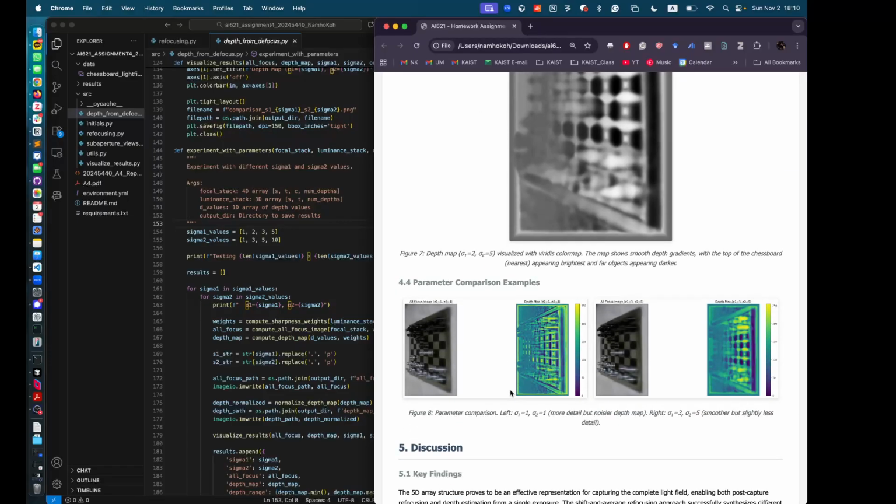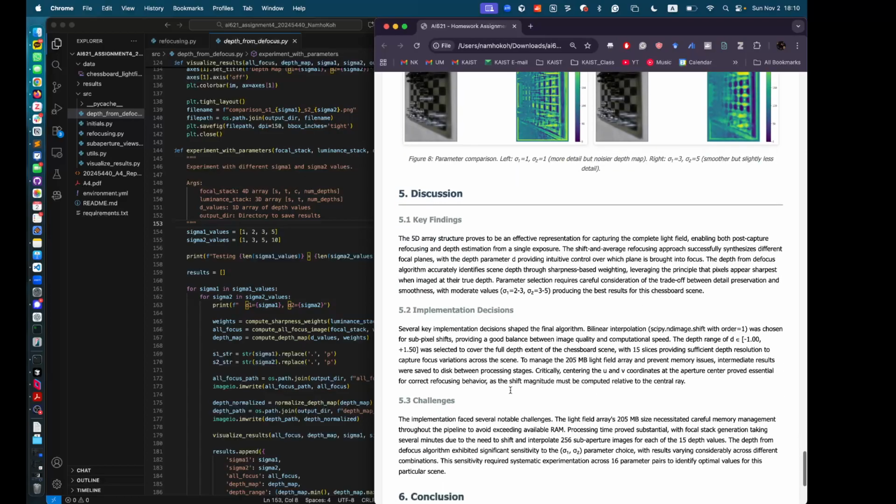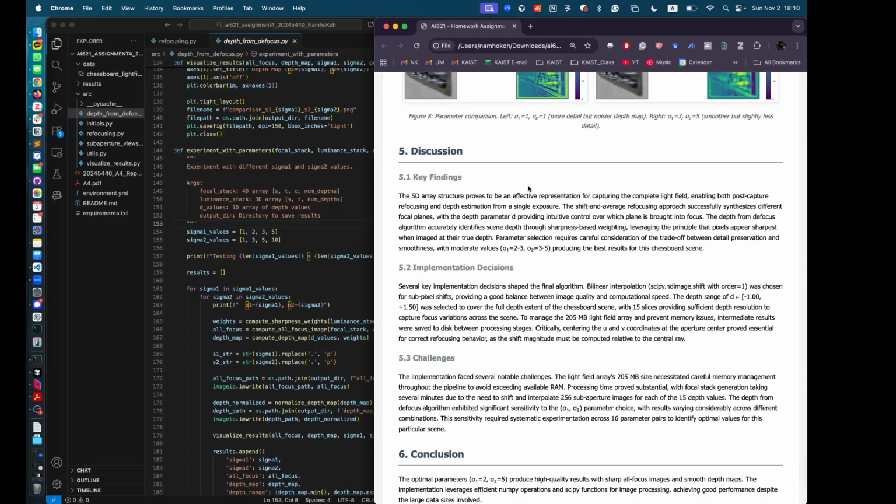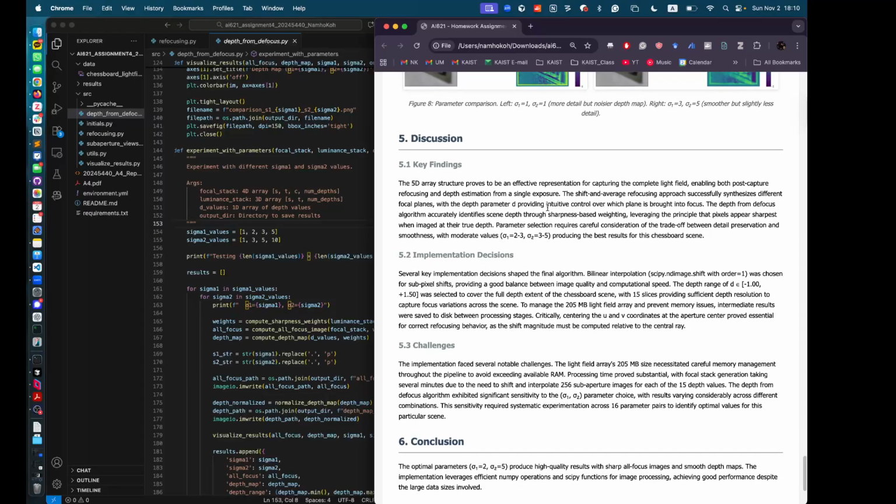Now, I just wanted to highlight some important findings and the decision-making process. The 5D array structure proved highly effective for capturing the complete light field, as it enabled both viewpoint changing as well as refocusing from a single capture, which is something that we learned was impossible with traditional cameras in class. For refocusing, centering the aperture coordinates was essential.